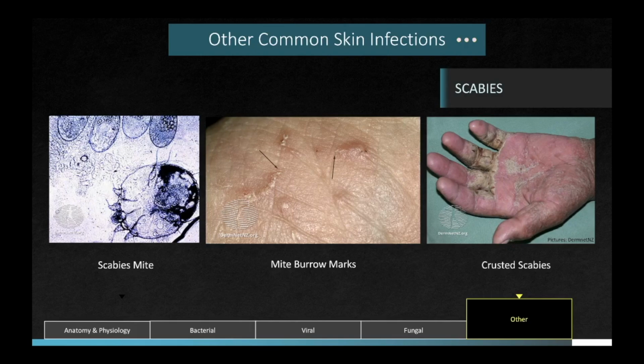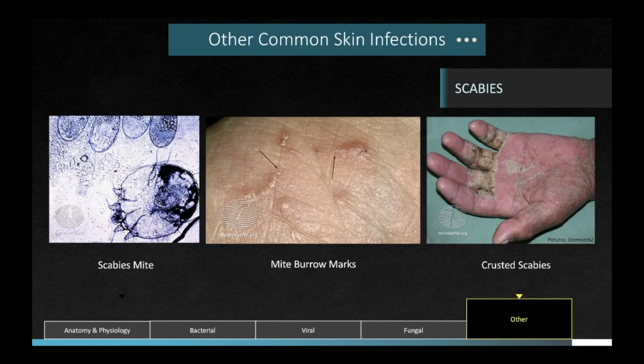It's important to note that there may be minimal itching in crusted scabies. There are a number of potential risk factors for crusted scabies, including elderly age, suffering from malnutrition, having an immune deficiency, having an intellectual deficit, and neurological disease.